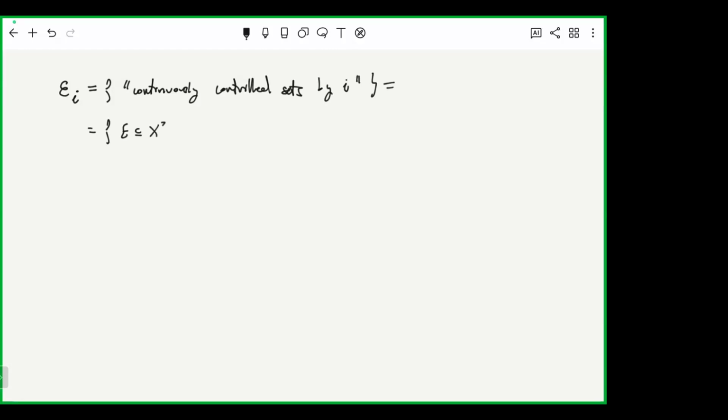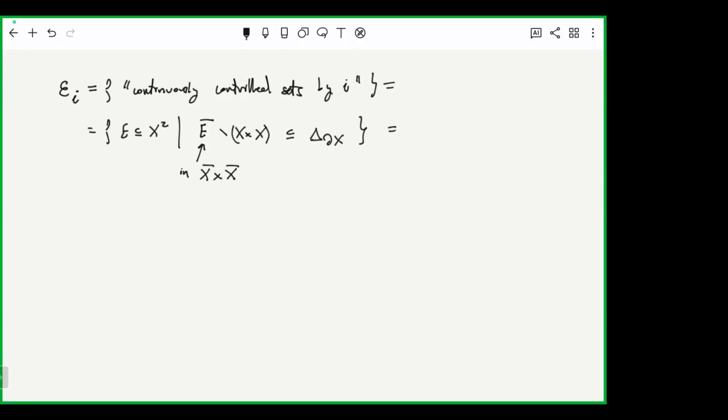A subset E of X squared, so a relation, is controlled if I take the closure. So first I consider the closure of E in the compactification square. Then I remove the points of X squared, and then this has to be contained in the diagonal of the corona.